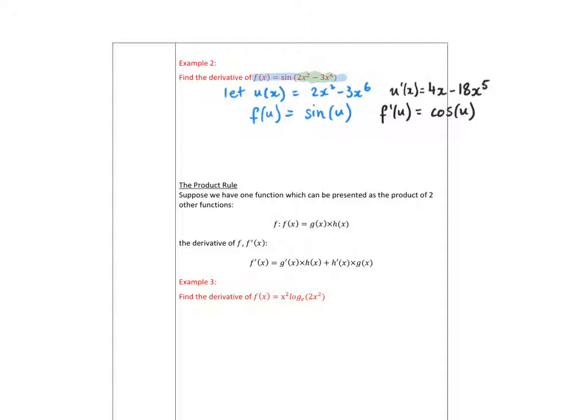Now the chain rule, we can consider this as being f dash of u times u dash of x.